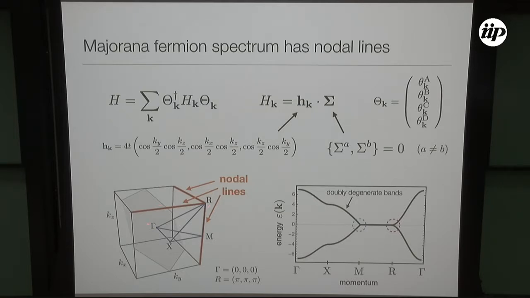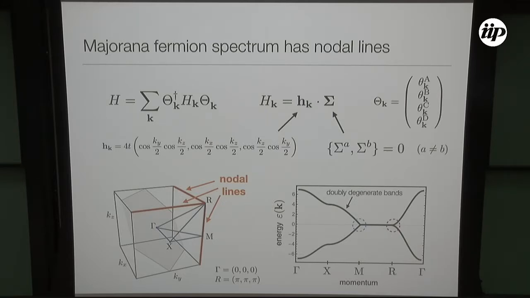These are called nodal lines, and in this case, they lie along the edges of the Brillouin zone. If you take the dispersion relation perpendicular to any of these lines, moving along this direction, the dispersion is linear. So it's like a Dirac Hamiltonian with linear dispersion, very much like a cut of this would be like graphene. And these lines cross at some point here, this vertex R of the Brillouin zone.